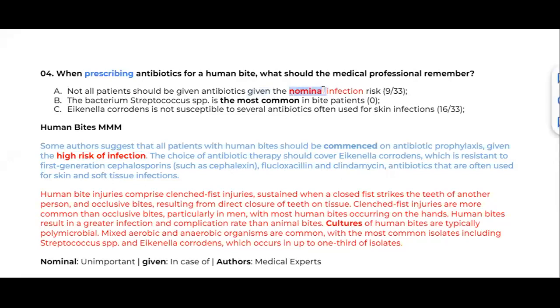Nowhere is the unimportant infection risk mentioned. There is only high risk of infection. Nowhere is it talking about the possibility of a lesser infection risk. There is no comparison here. There is no lower level here. If that is clear to you, we have eliminated A and B.